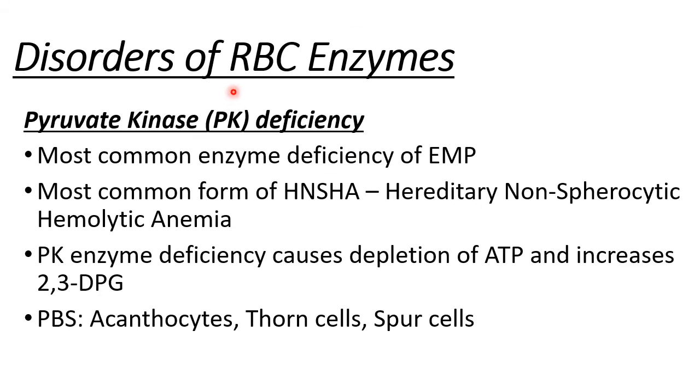Okay. Disorders of RBC enzyme or enzymopathies. So, unahin natin, no, the most common enzyme deficiency of the Embden-Meyerhof pathway is the pyruvate kinase deficiency. This type of RBC defect is also considered as the most common form of hereditary non-spherocytic hemolytic anemia.